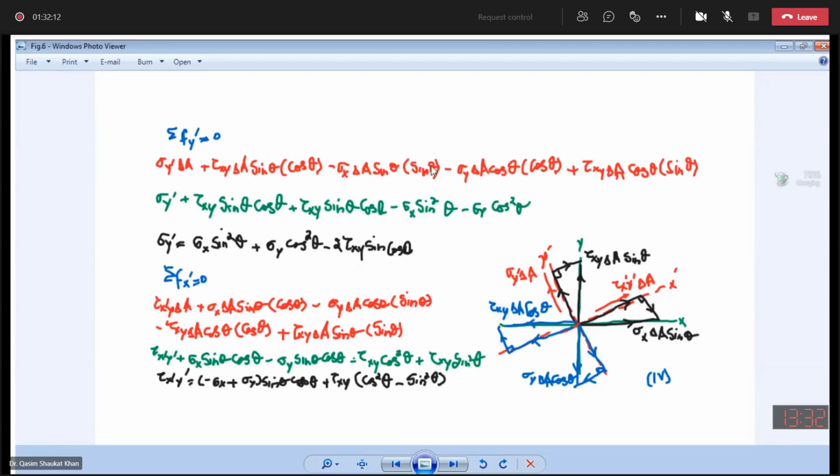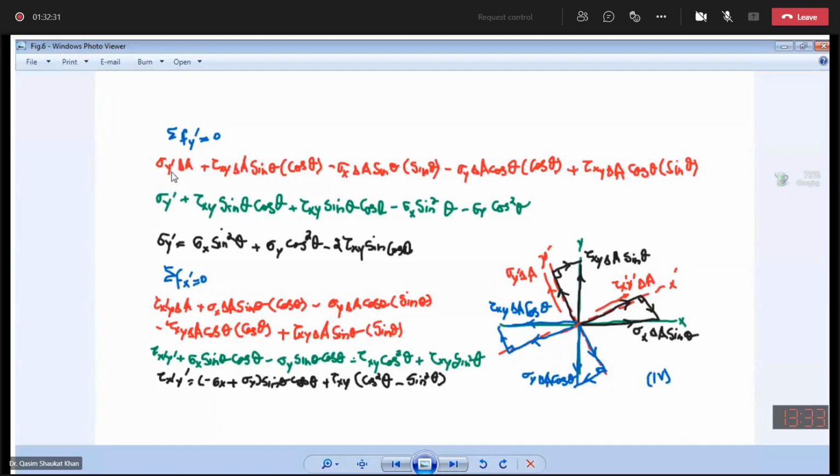So everyone is okay with this equation, and that should be equal to 0. Now we will take delta A as common and equate it to 0, so delta A will be removed from the equation.